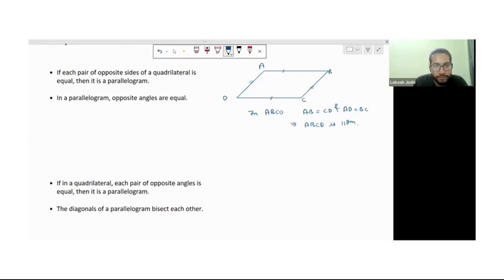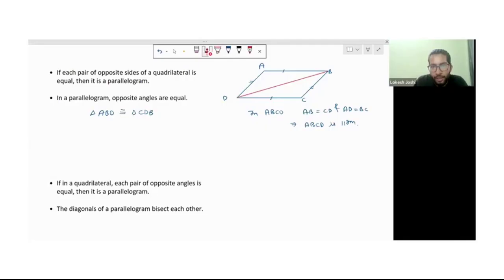Now the next one. In a parallelogram, opposite angles are equal. We can prove this one also. Let us make the diagonal. Using property 1, can I write triangle ABD is congruent to triangle CDB?